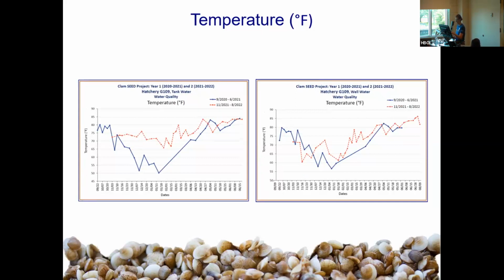You can also see that the tank temperature in year two, which is the red dotted line, increases higher than the temperature in the well reservoir water on the right. And this just shows that air temperature probably had a greater impact on the tank water temperature than the well water temperature from the reservoir. And so monitoring reservoir water for temperature alone might not be reliable to reflect the tank temperature.